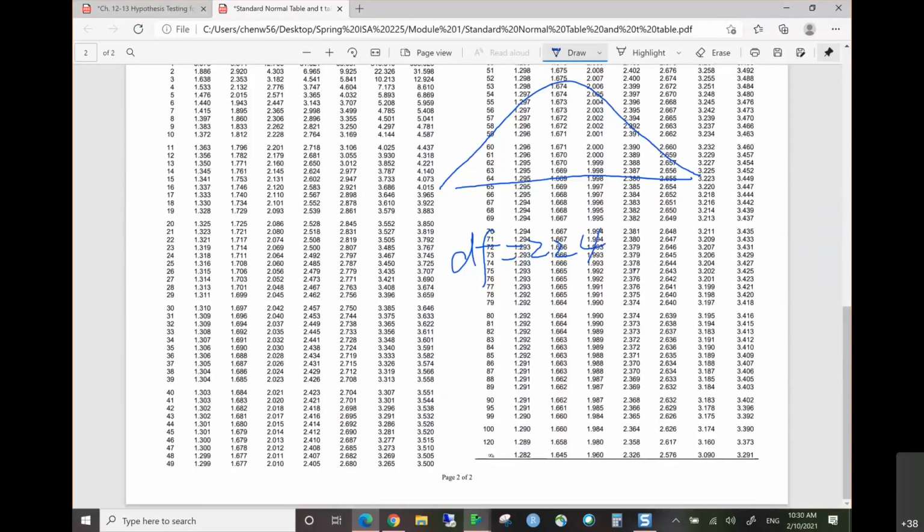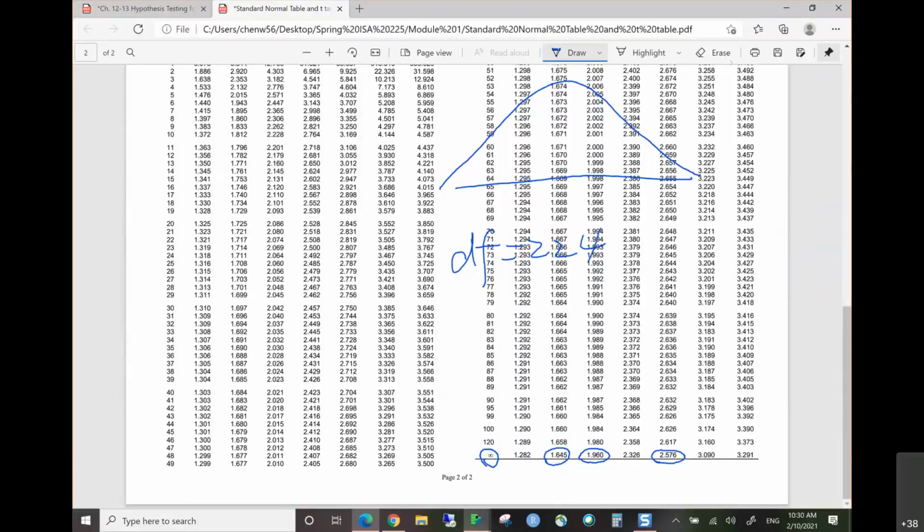So if you see the last line, you will see very familiar values: 1.645, 1.96, 2.576. What are they? They are actually the z stars in the confidence interval.